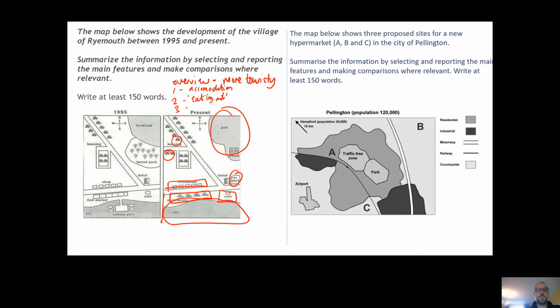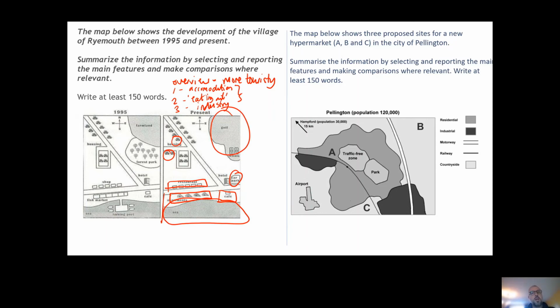And 3, industry. Again, in this case, I'm going to talk about accommodation and eating out together in the same paragraph, and industry, because that's really the biggest change, on its own in a different paragraph.